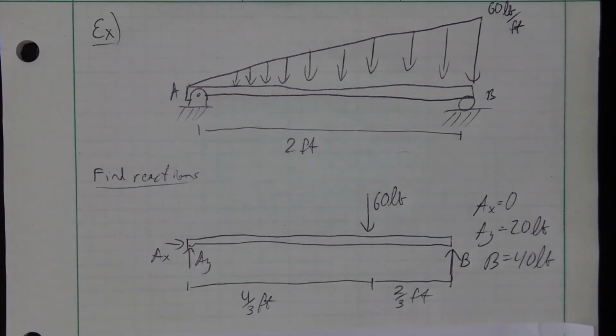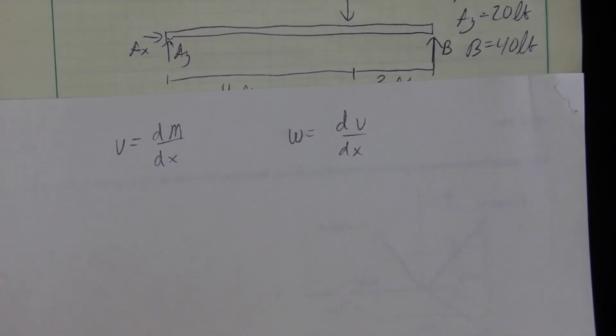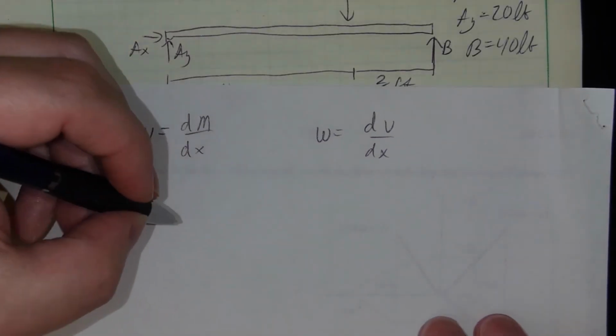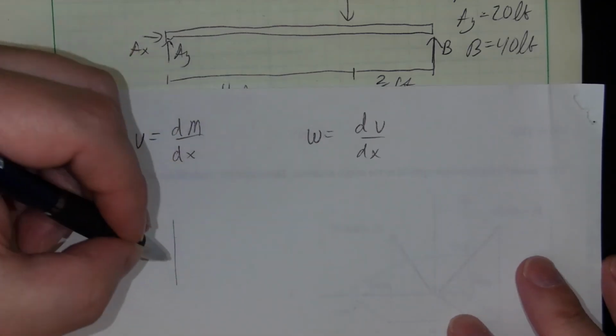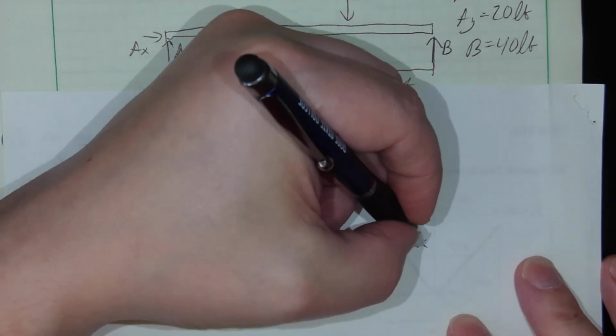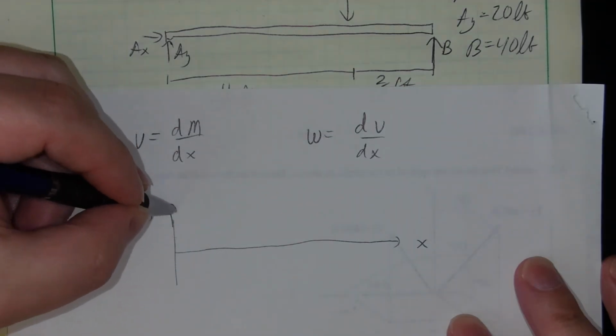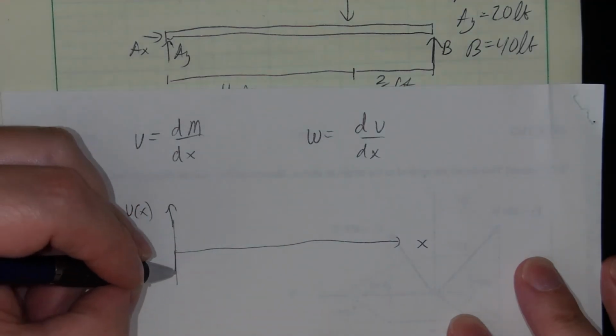So with that in mind, looking at these reactions, I can tell you this, if I were to just ballpark this by inspection, if I were to plot my shear, and here's the thing, so if I plot x out here and I plot shear as a function of x on the y. So here's the thing about shear moment diagrams.